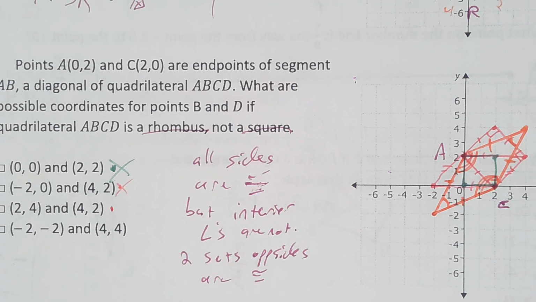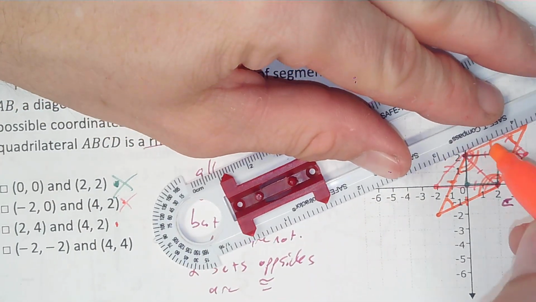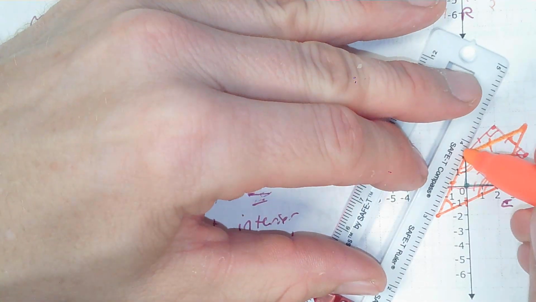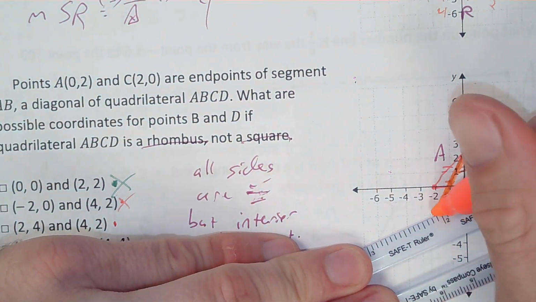So do I have an orange? Oh, yeah, I do. Okay. So I'm going to go ahead and highlight that so it really pops out. So this here is my rhombus. This is my rhombus.